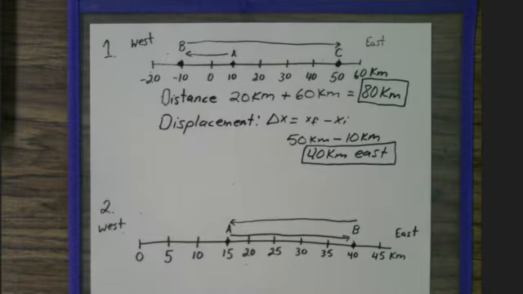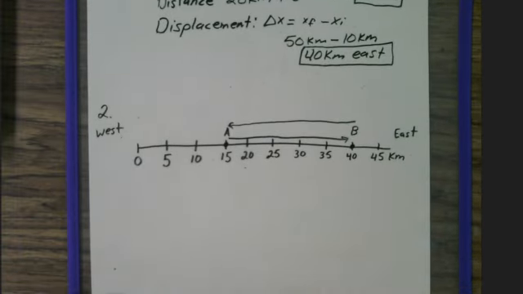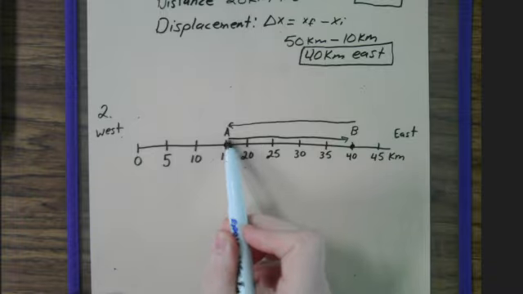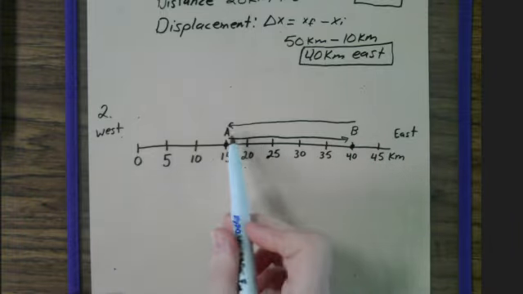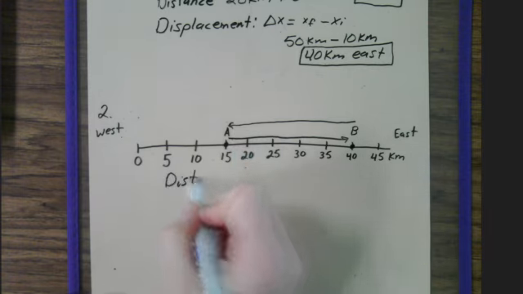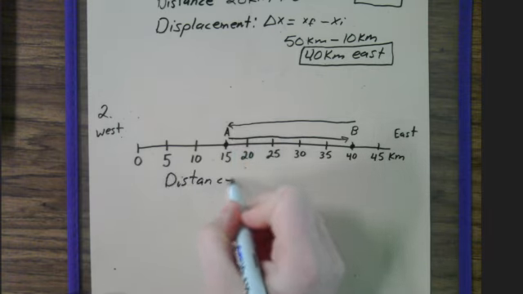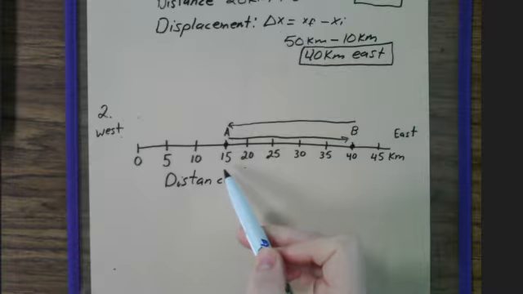Let's look at question number 2. We start over here at A and we travel all the way over to B. And then we end up traveling back to A. Now our distance is what we're going to calculate first. Notice this number line is by 5s. The last one was by 10s.